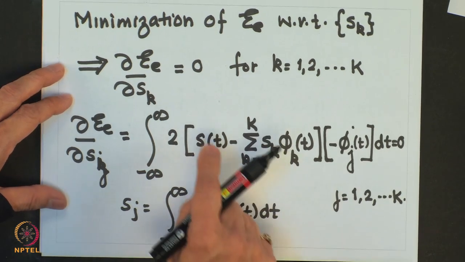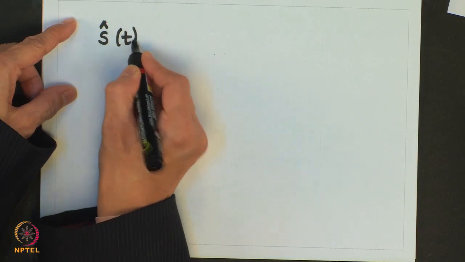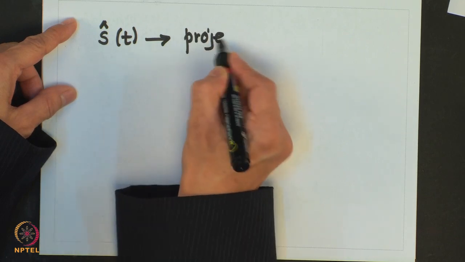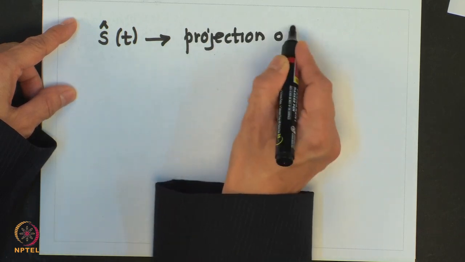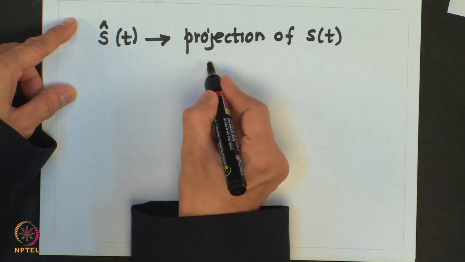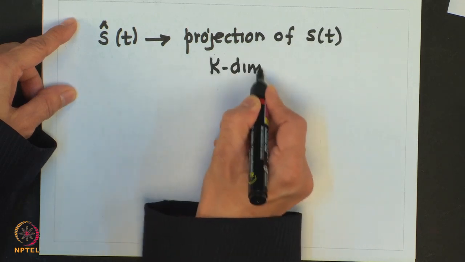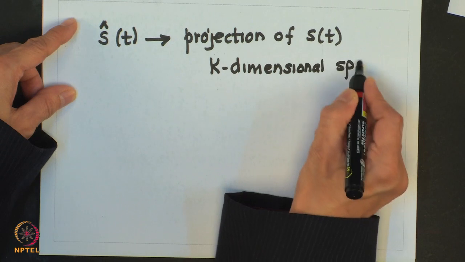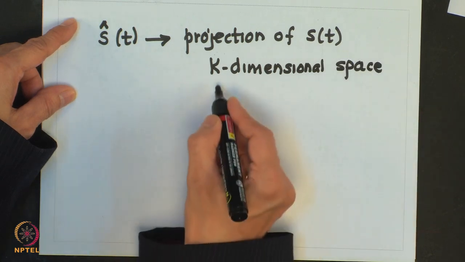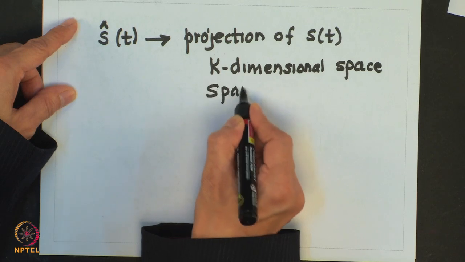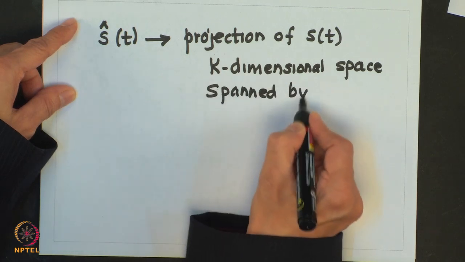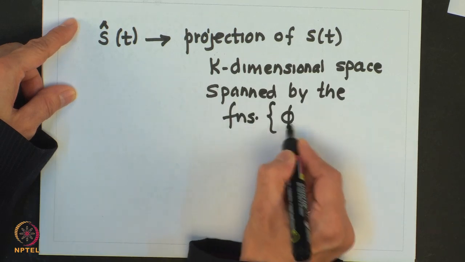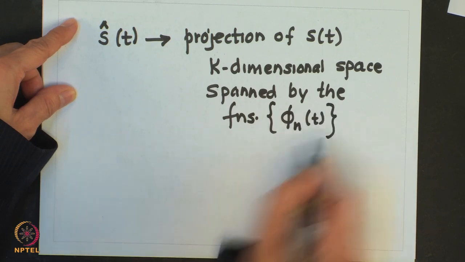So, consequently your approximated signal s hat(t) is the projection of s(t) onto the K dimensional signal space spanned by the functions phi_n(t).